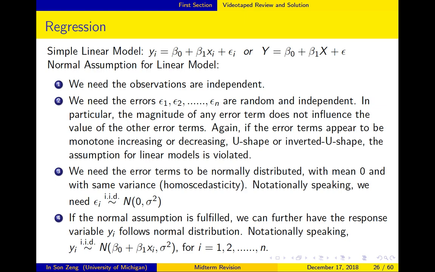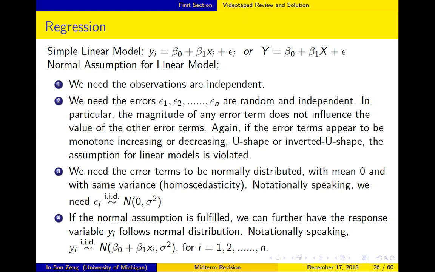We have four normal assumptions for the linear model. First of all, we need all the observations to be independent of each other. Secondly, we need the error terms epsilon 1 up to epsilon n to be random and independent, as defined inside the class.